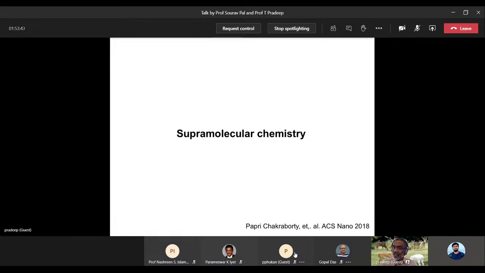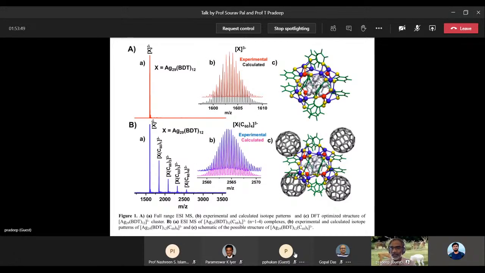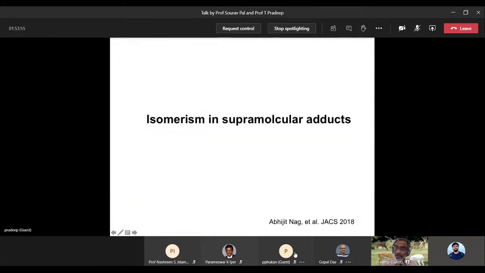Cluster reactions are not only molecular reactions of the kind between two clusters. There can be supramolecular chemistry with C60, for example. And it is also possible that clusters can create supramolecular adducts which show isomers.